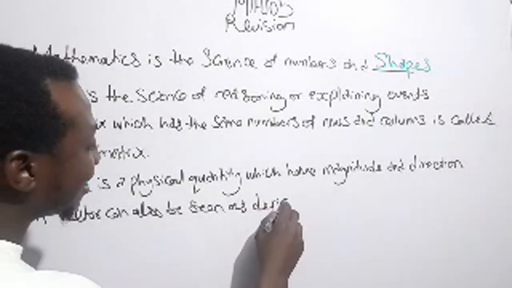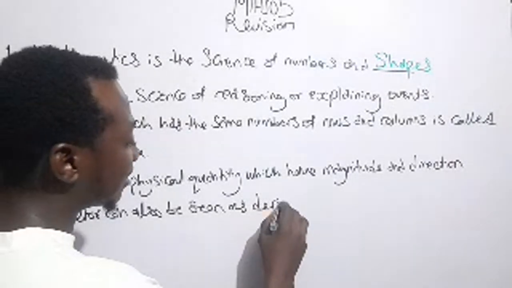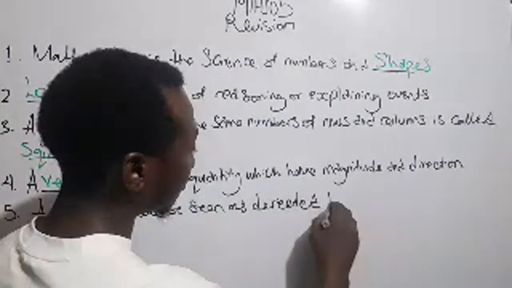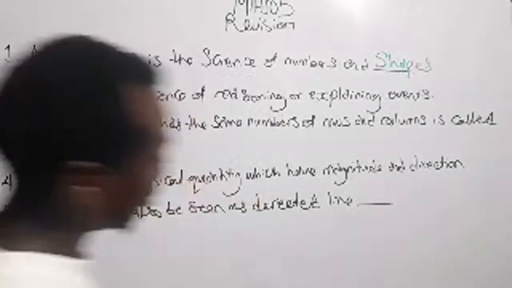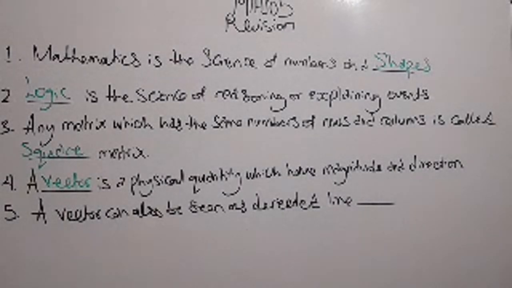A vector can also be seen as a directed line dash.